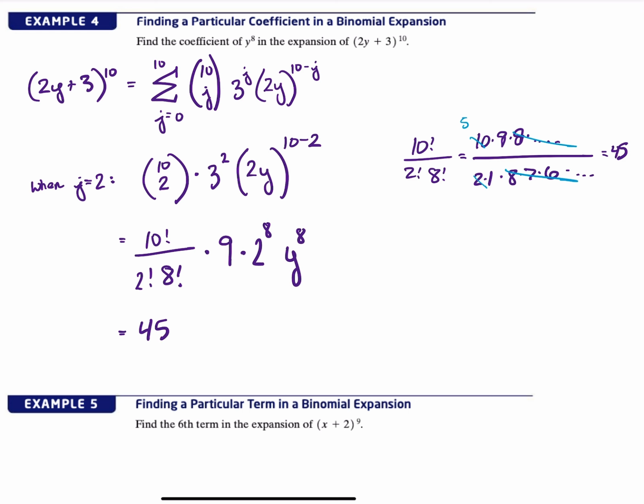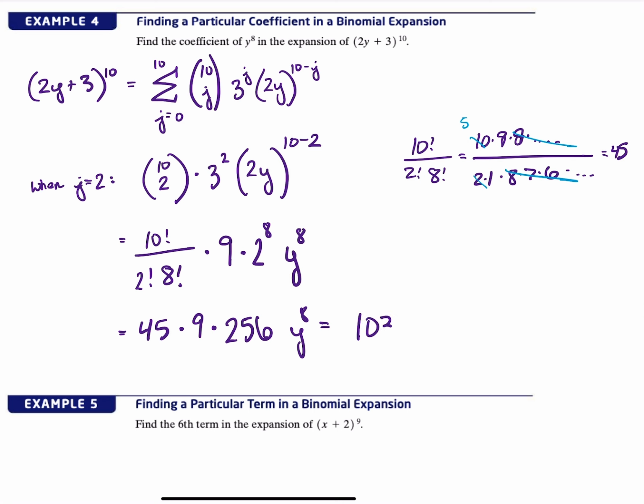So let's replace that with 45. We'll have 45 times 9 times 2 to the 8. Let's see, 2 to the 8 will give us 256. So 45 times 9 times 256 gives us a pretty large number.